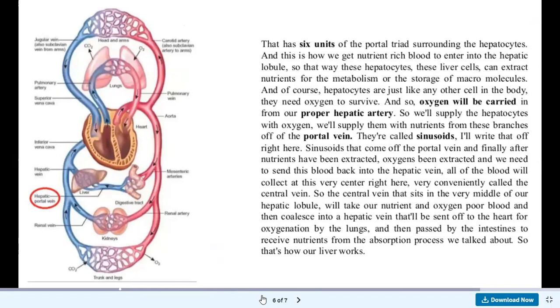Now, in another lecture, we would look at what we call the portocaval anastomosis, and we'll see how blood from the portal circulation comes in contact with blood from the systemic circulation, because the inferior vena cava is part of the systemic circulation, whereas the portal vein is part of the portal circulation.